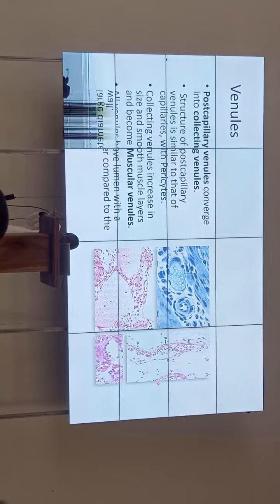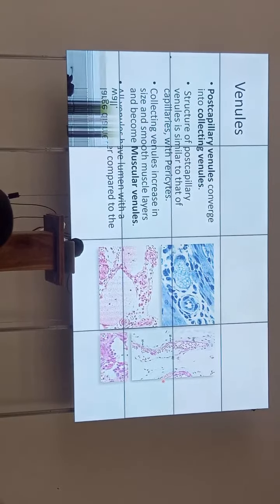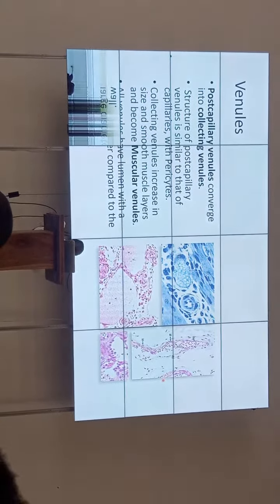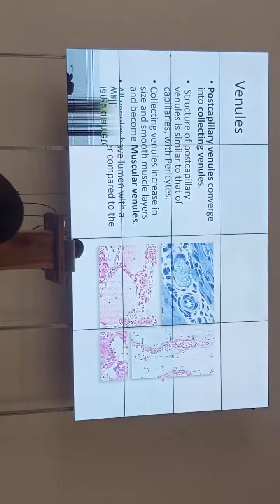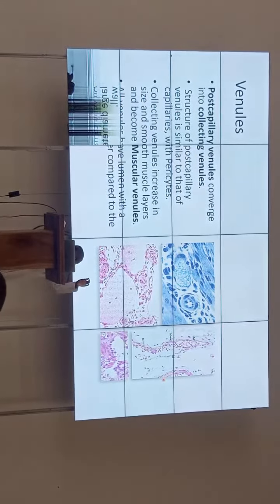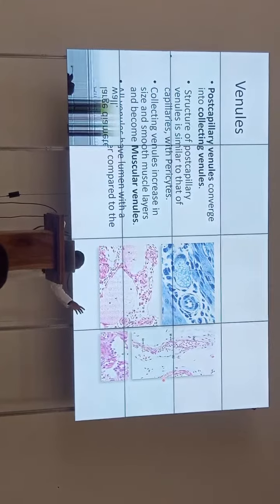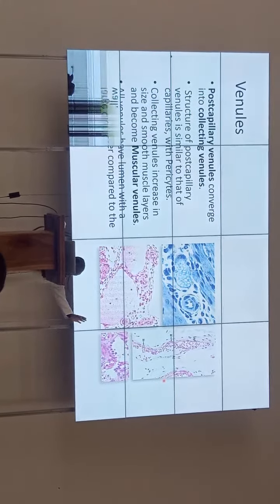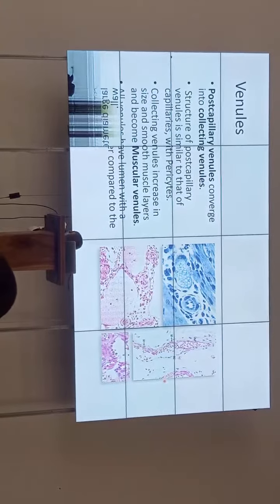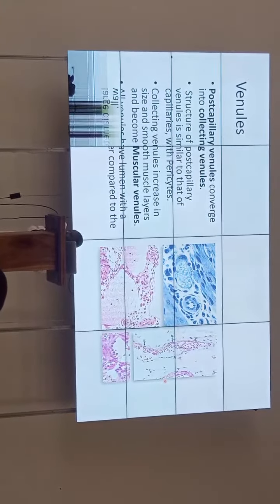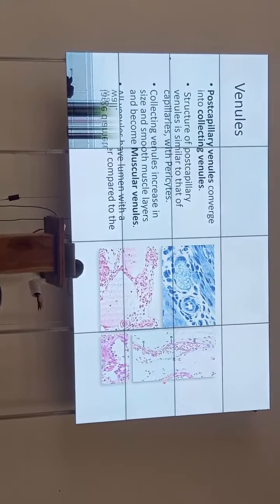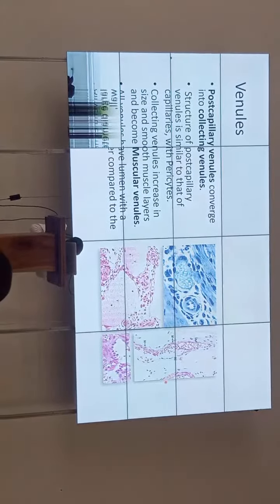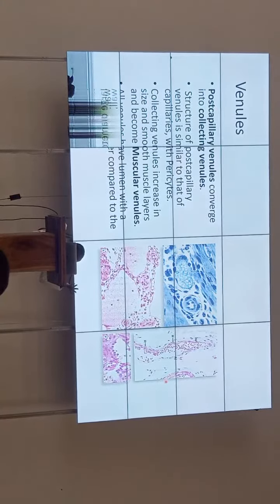The post-capillary venules are important because they are the site of a process called diapedesis. Diapedesis is simply the movement of white blood cells from the bloodstream into the spaces outside the blood vessels. What is the importance of the movement of those cells? Remember that these are immune cells.